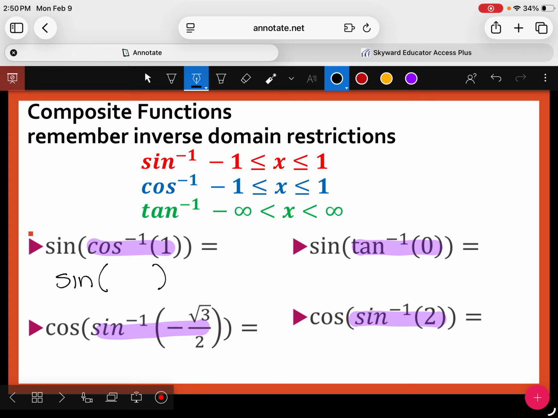Sorry, the angle that has a cosine of +1 is 0. So I'm going to put a 0 right here. Now I'm going to figure out what is the sine of 0. So looking at your unit circle, find 0. Sine is the y value, and that final answer would be 0.